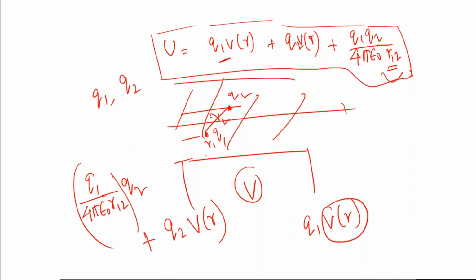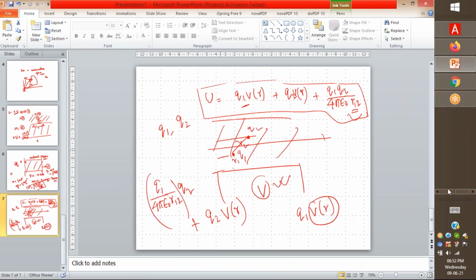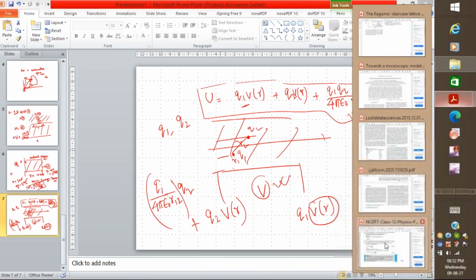So you will look here, there are certain numerical problems. I will leave them to you for the time being, because our aim is first to cover the syllabus by teaching you the theory part.